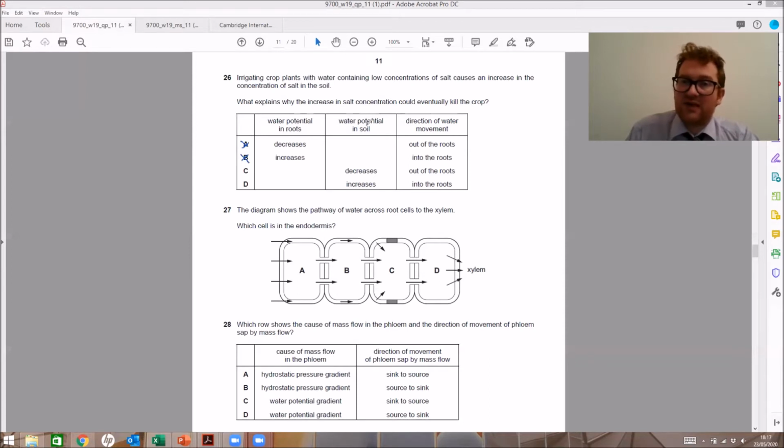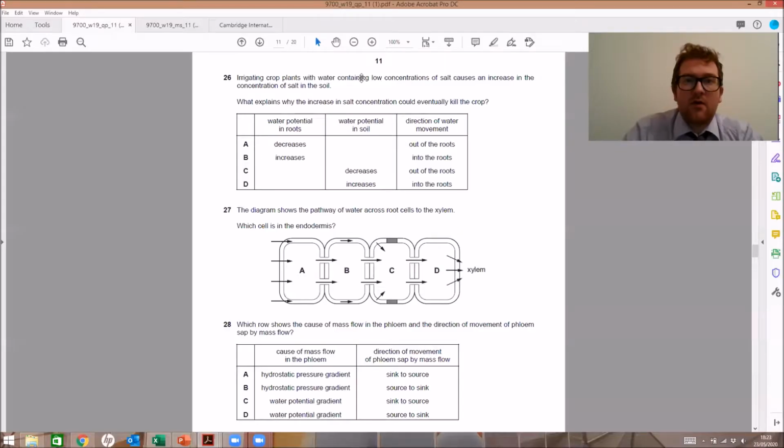When the water potential decreases, so it's lower outside the crop because of this additional solute, water moves out of the roots into the soil by osmosis. If water potential did increase outside, water would move into the root, and the plant would be happy and able to survive, having enough water for keeping its turgidity.